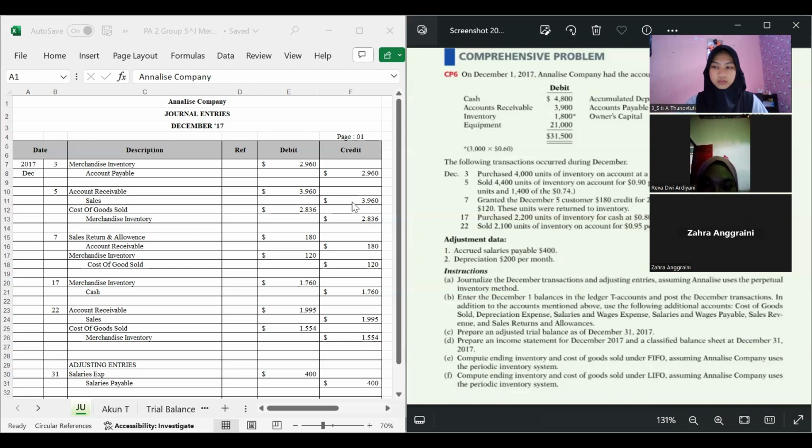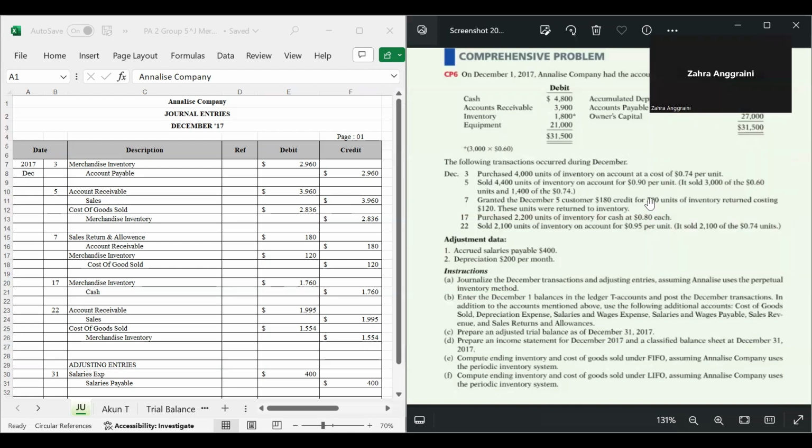First, we will journal the sales transaction with accounts receivable in debit and sales in credit for $3,960. And secondly, we must journalize the cost of goods sold with cost of goods sold in debit and merchandise inventory in credit for $2,836.